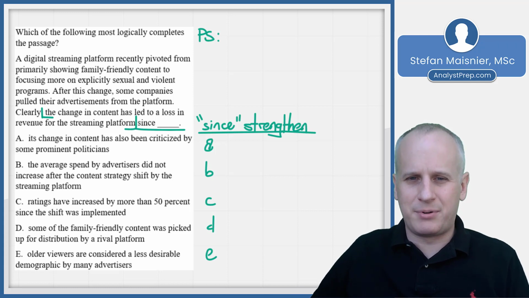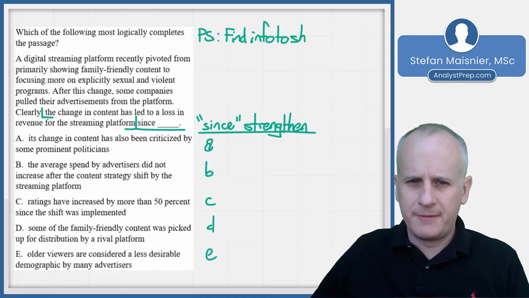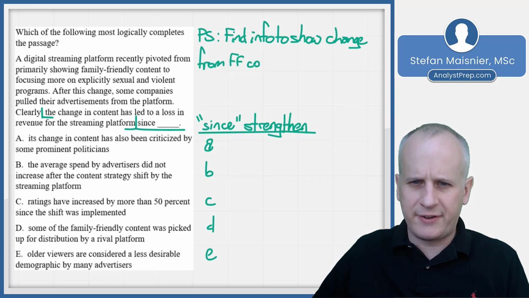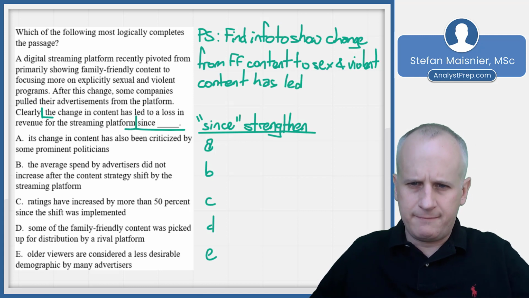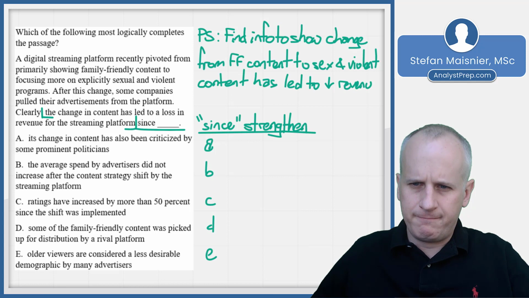So we could just say, as our predicted way to strengthen, find info to show that the change from FF content for family friendly to sex and violent content has led to a loss, or down revenue, for our streaming platform.